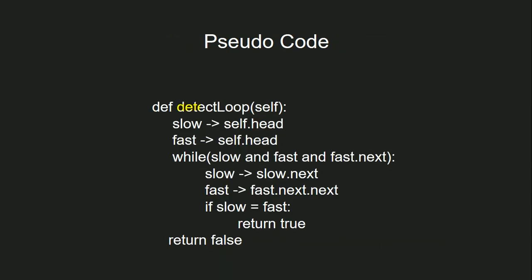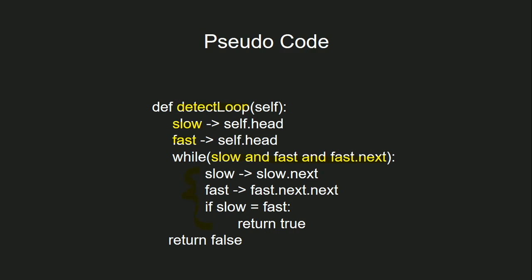We are using a function detect loop for checking if a list has a loop or not. This being the first pointer and this the second pointer. In this condition we are checking if the first pointer, the second pointer, and the next of the second pointer are not null. So we will execute this loop.